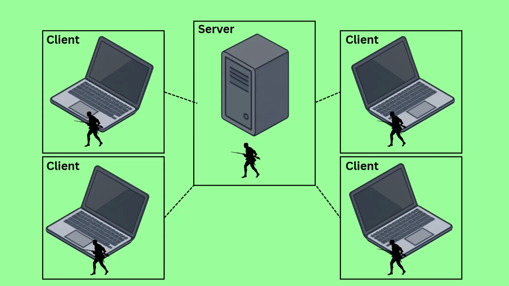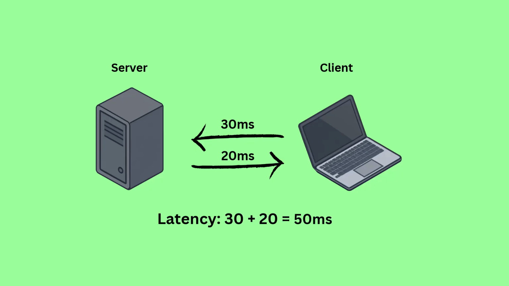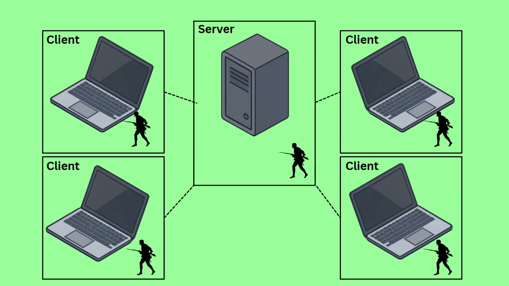In a lot of cases, that delay in movement is going to be noticeable and make the game annoying and even unplayable. So to solve the issue, we have something called client prediction and server reconciliation. When we have a server and client, when you send a message, it takes a few milliseconds. When the server responds to your request, it takes also a few milliseconds, and the combination of that time is called latency.